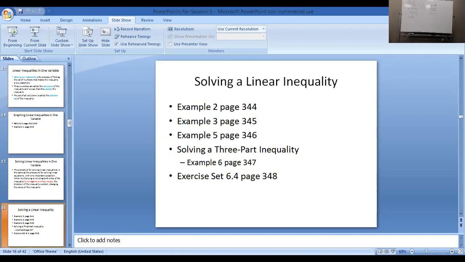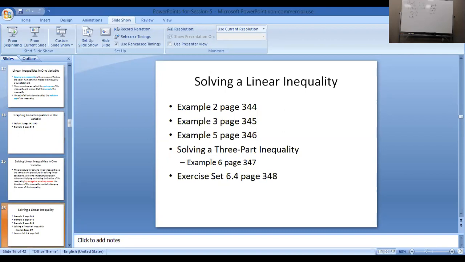Let's look at, for example, example 3 on page 345. It says 1/3 times x, 1/3 of x less than 5. So in other words, it tells us, find all the real numbers for x where this inequality holds. So what do I do?